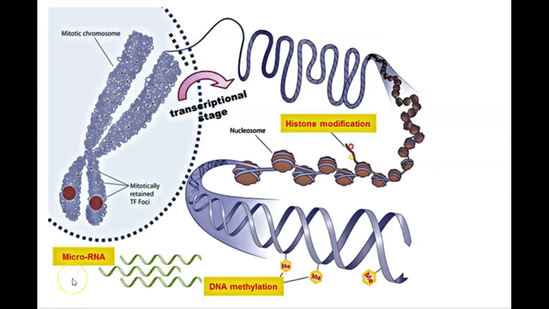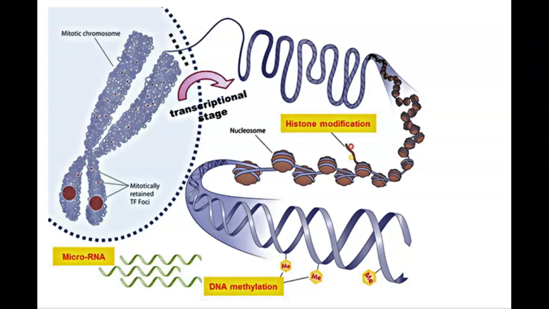MicroRNA can bind the RNA and break the RNA down so the RNA cannot be read to make the proteins. So there are histone modifications, DNA methylation, and microRNA. All these three things can change how the DNA is read. It doesn't change the genes, it just changes how they're being read.